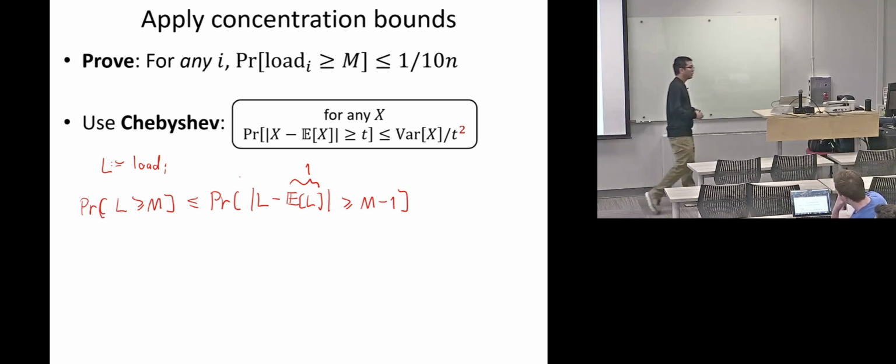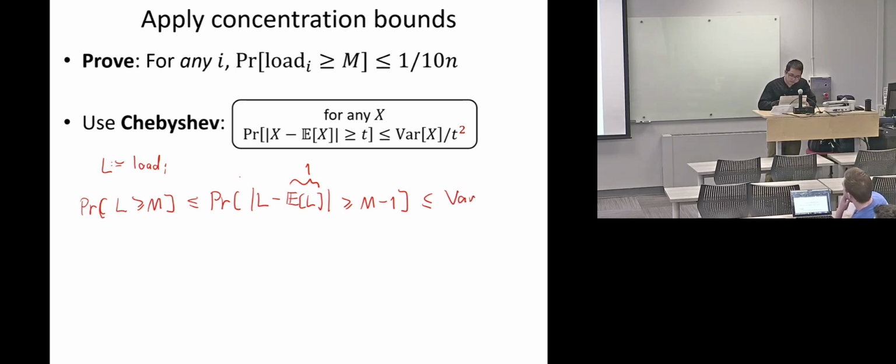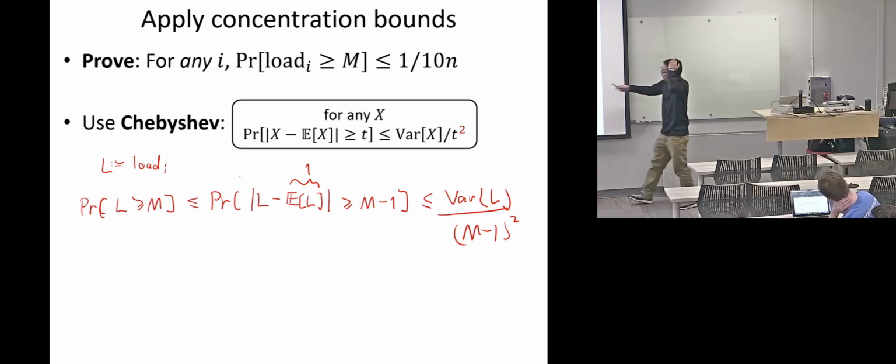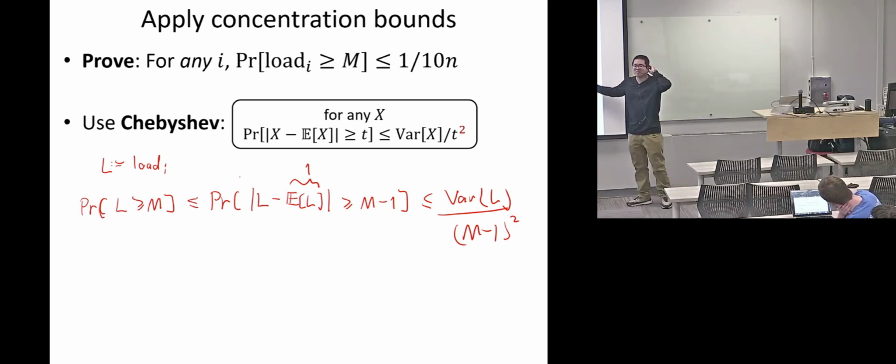Okay, but I need to write it in this way so that I can apply Chebyshev. And now this is at most the variance of L over (M minus 1) squared. So you see, we used to have M, now we have M squared, so it looks better.